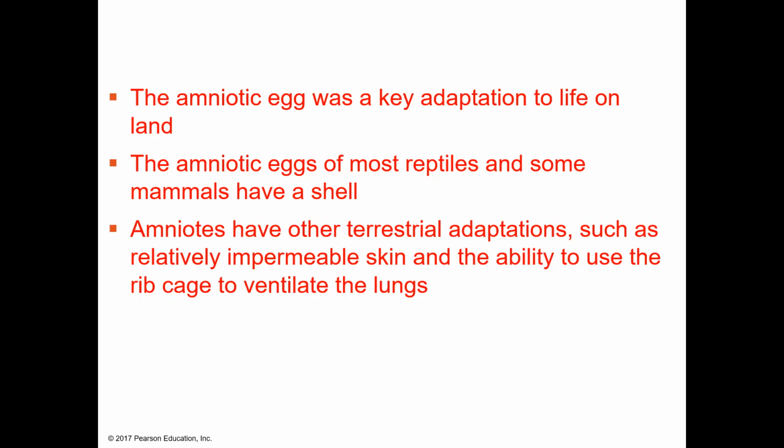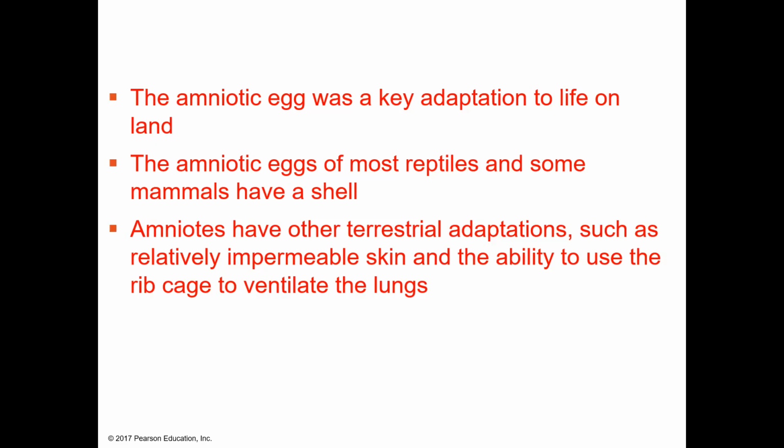Most of the reptile amniotic eggs have a shell, and just a few mammal amniotic eggs have a shell. Most do not. And amniotes have other terrestrial adaptations, such as impermeable skin, and the ability to use a rib cage to ventilate the lungs.